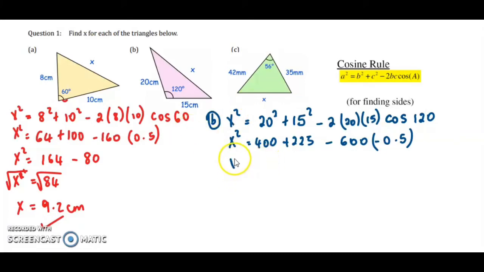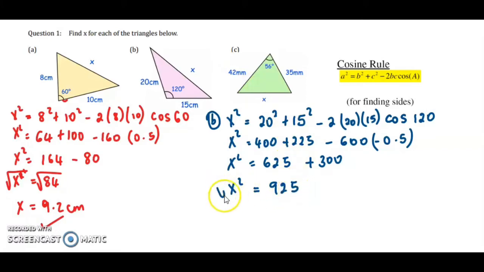So I'm going to continue with my calculation. 400 plus 225, that's 625. Negative 600 times negative 0.5. When you multiply two negatives, you get a positive, and that is positive 300. So we're going to add our 300 to the 625, and you should get 925.